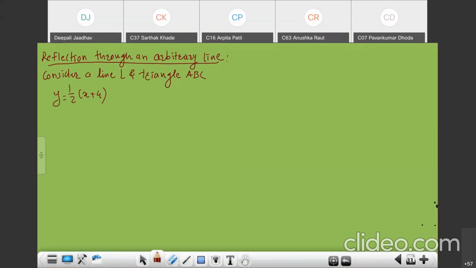And the triangle coordinates are A, B, C equal to 2, 4, 1; 4, 6, 1; 2, 6, 1.